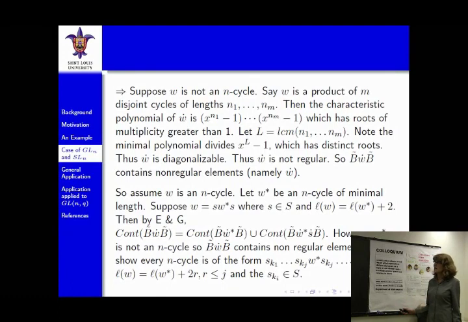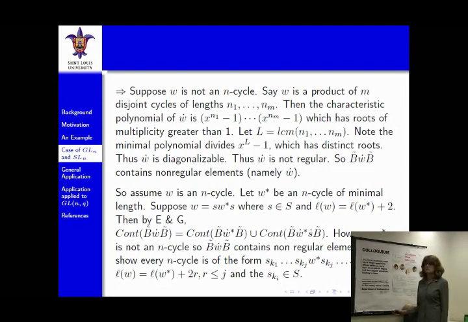Let's call them n1 up to nm. So the characteristic polynomial looks like this, and notice that 1 has multiplicity greater than 1. So there is a root of multiplicity greater than 1. But if you let capital L be the least common multiple of n1 up to nm, then the minimal polynomial will divide a polynomial which has distinct roots. So W is diagonalizable and has roots of multiplicity greater than 1, so it's not regular. So this contains non-regular elements, namely W.